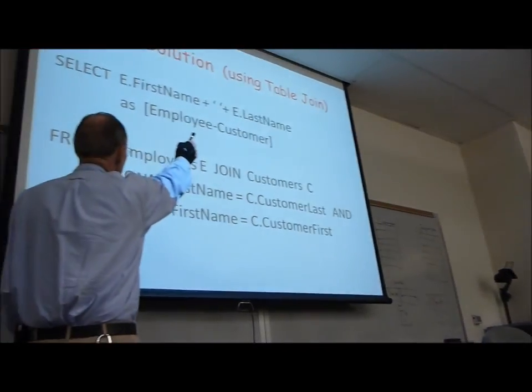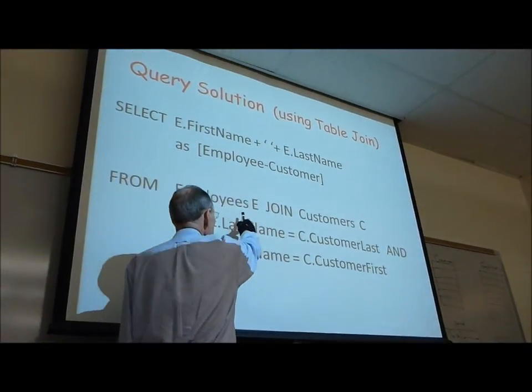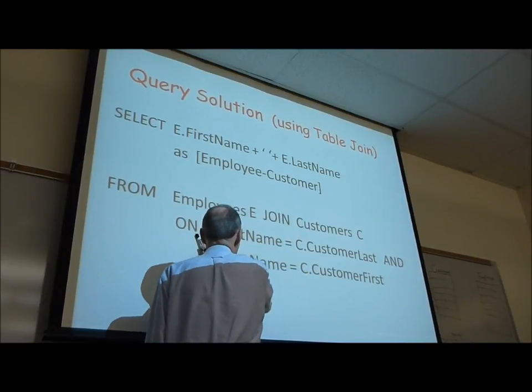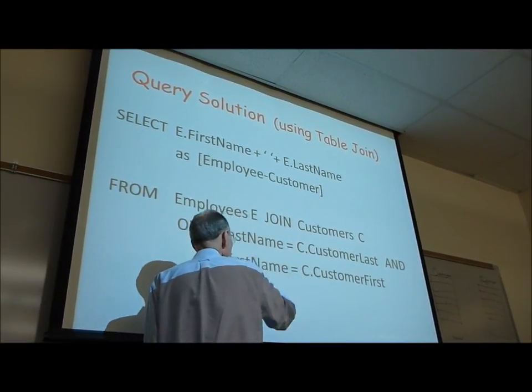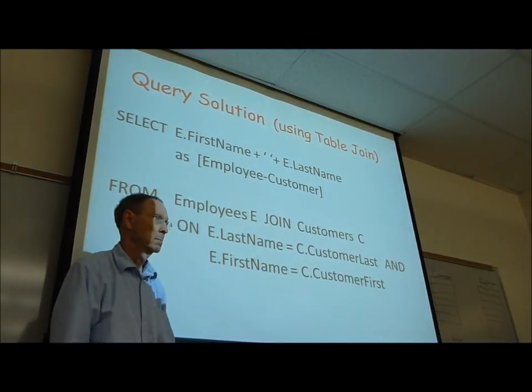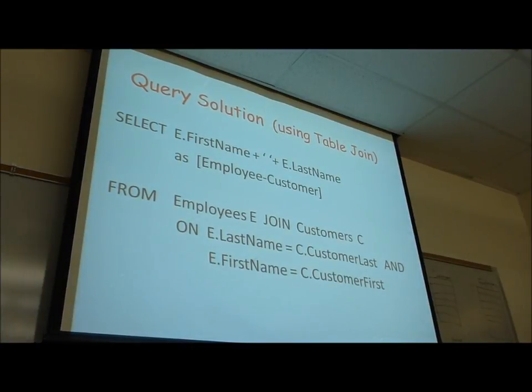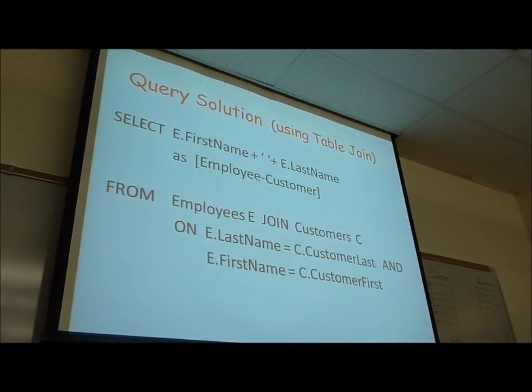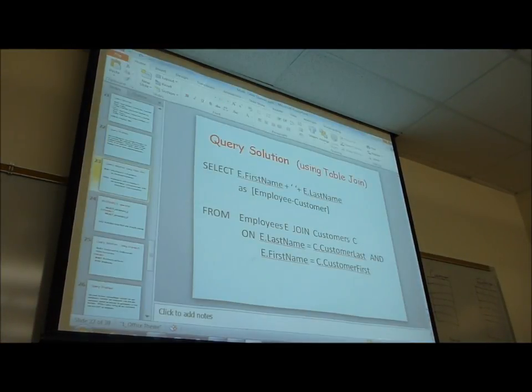First name, last name, employees, join customer on last name and first name. Okay, we're going to do it this way first. We've got another solution, but let's get a good feel for this. I never seem to get smart.